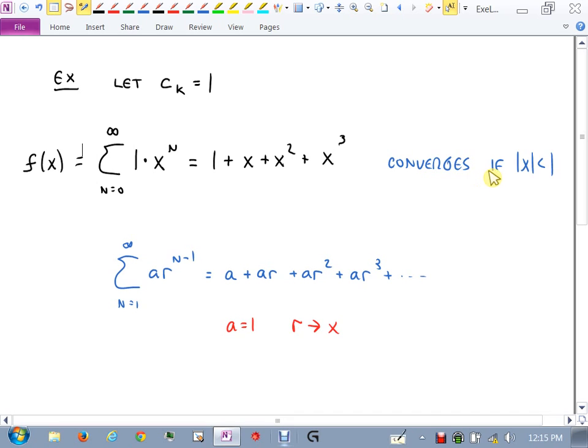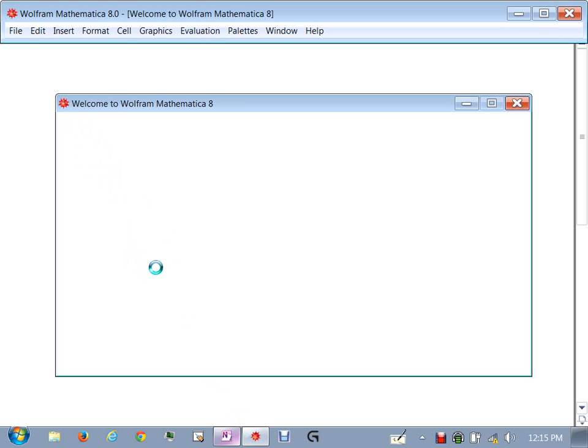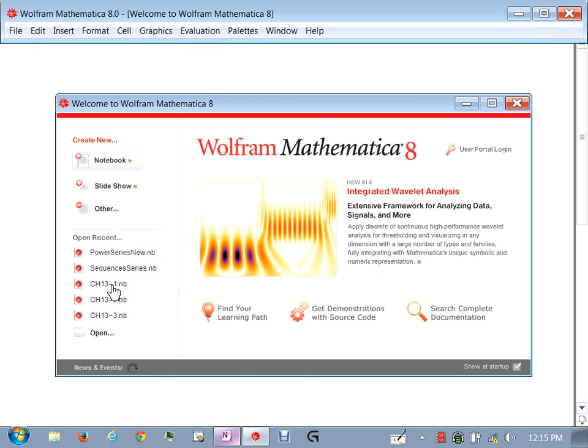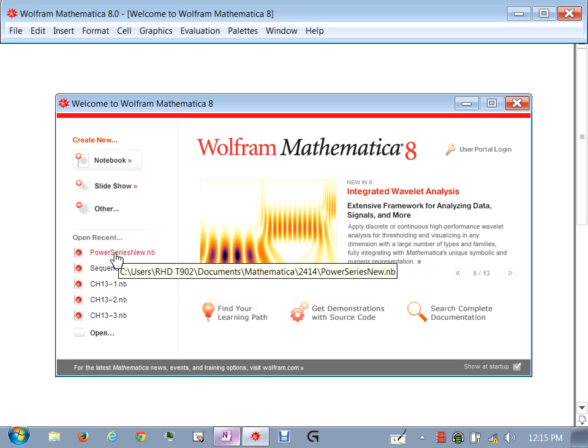Okay. I want to look at the next thing. It says general power series. So what happens is this. We use these power series to approximate functions. I believe I showed you this in the past. What we're going to try and get to here, let me bring this back up. I had it up just earlier today, so it should go pretty quick.